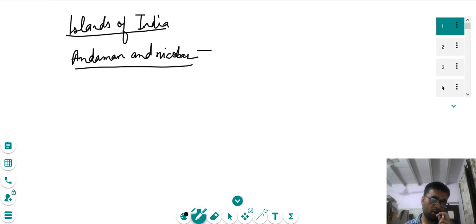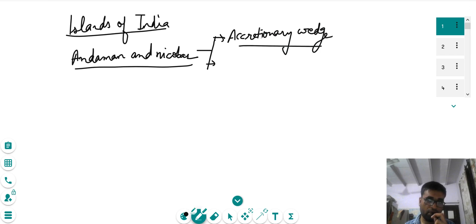Andaman and Nicobar are of two types basically, physiographically. One is the accretionary prism or accretionary wedge, and the second one is the volcanic arc.